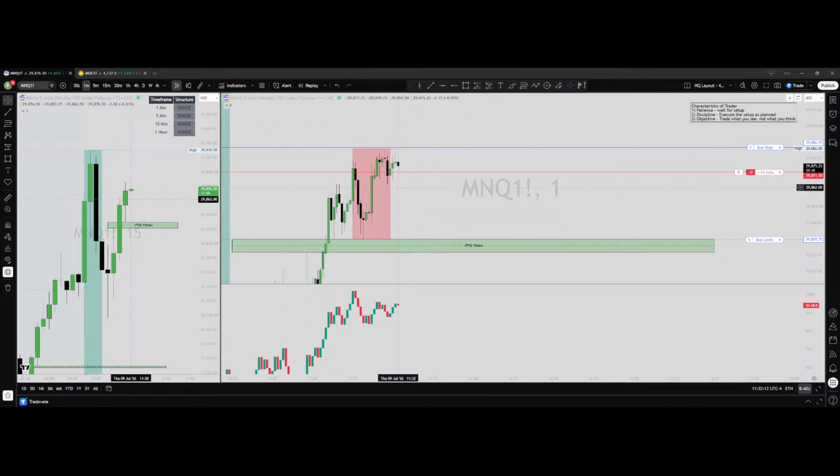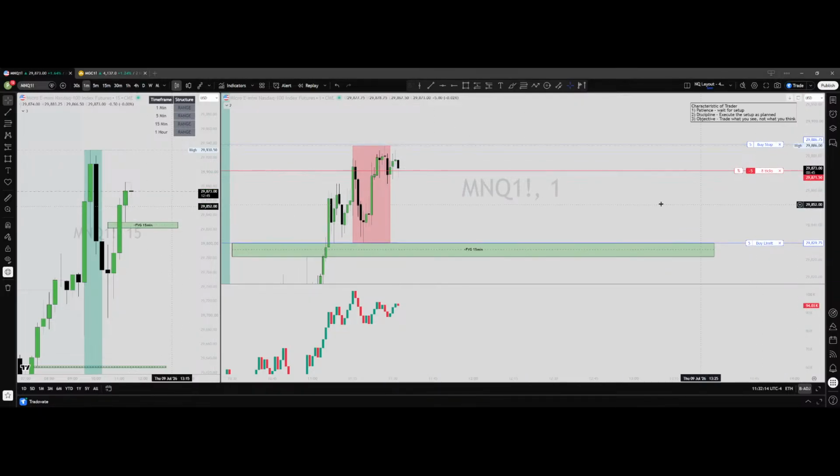This green candle, if it would have closed in red, I would have held this trade.